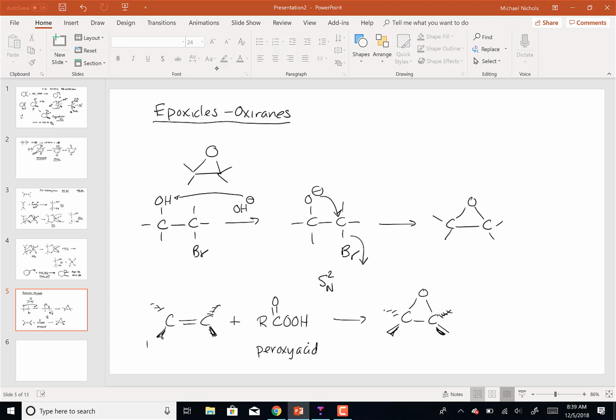Let's say we've got two R groups that are cis and two H groups that are cis in this double bond. When the oxygen plops itself on the double bond, there's no rotating. So over here, the two R groups remain cis and the two H groups remain cis as well. So the stereochemistry here is preserved in the epoxide.